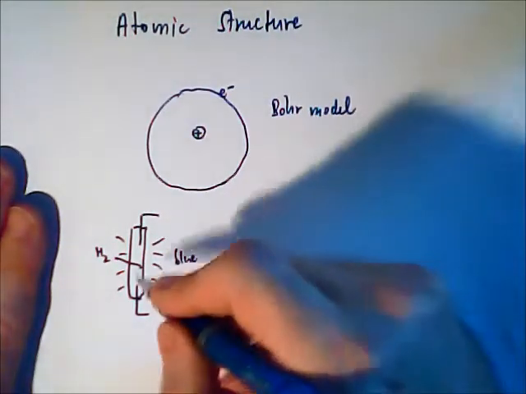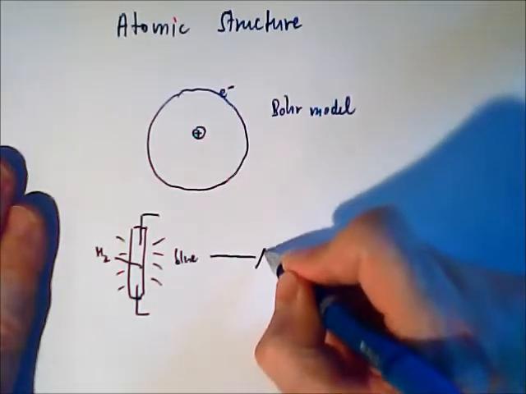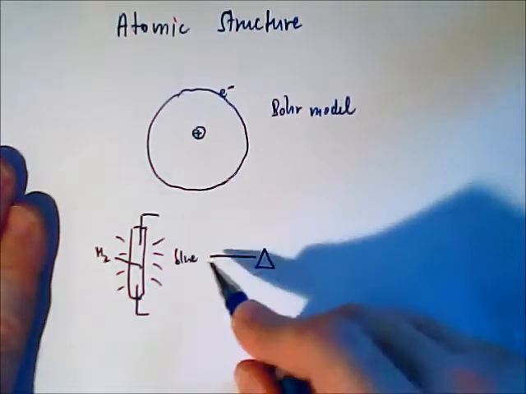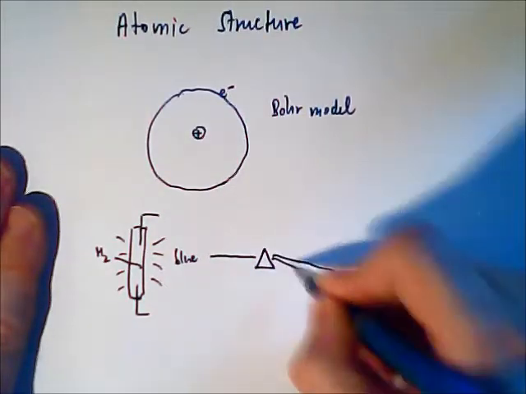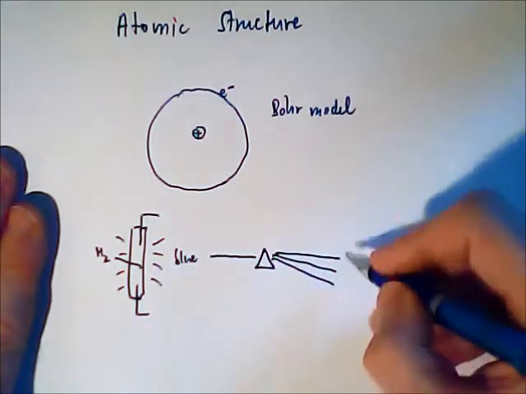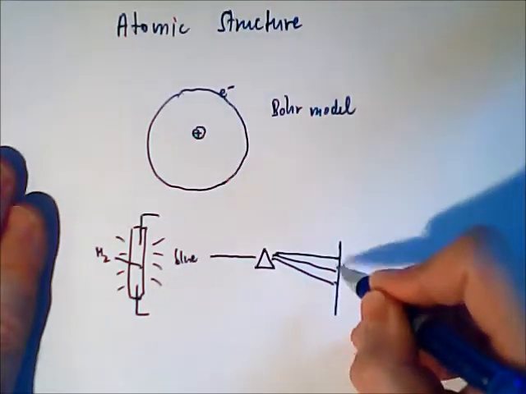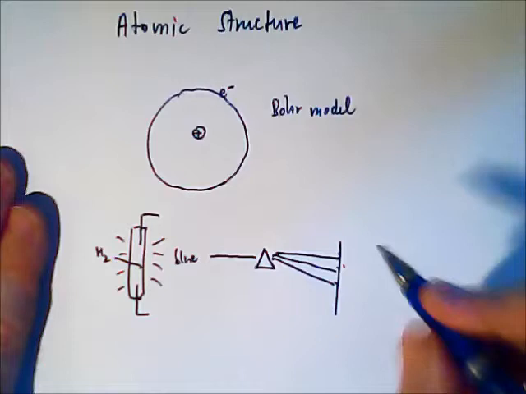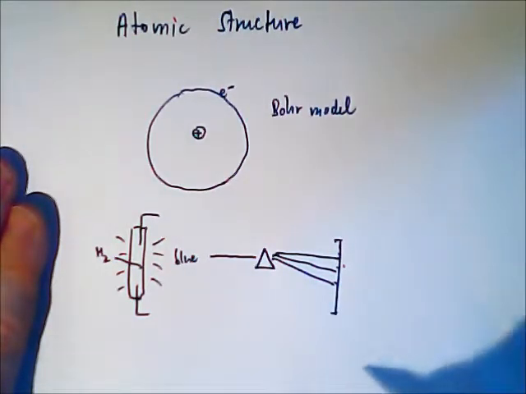Okay, and now we can analyze this light when we separate the different wavelengths in a prism, and then we record the different wavelengths that we get from this light on a film.